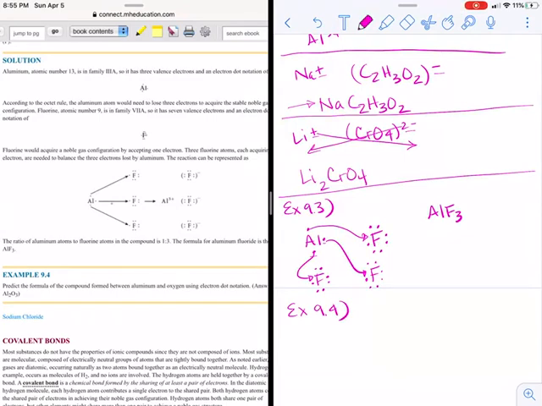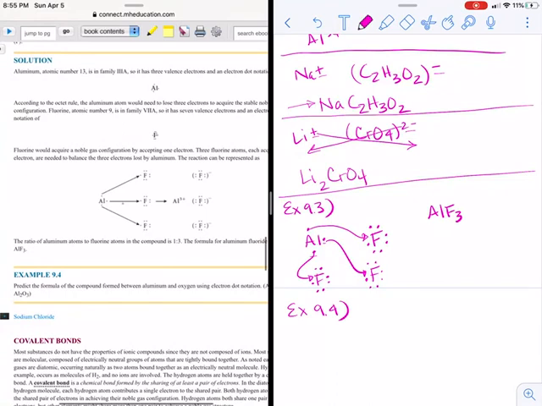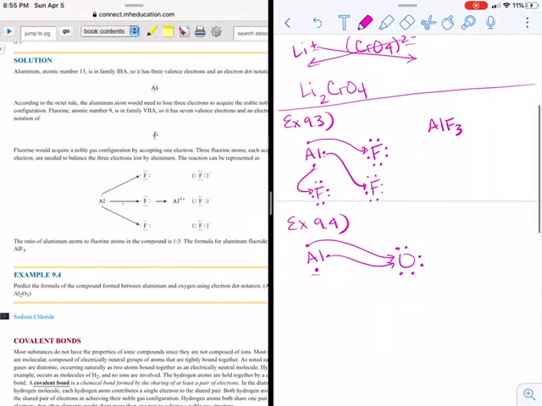All right, so then example 9.4, you have to predict the formula again by doing electron dot notation for aluminum and oxygen. Okay, so again, aluminum is 3 outer electrons. Oxygen, if you look at it, has 6 outer electrons. So this one's kind of funky because it needs 2, but then there's like 1 extra.